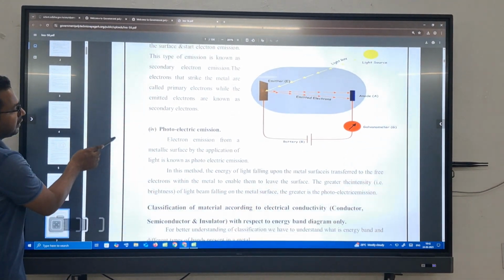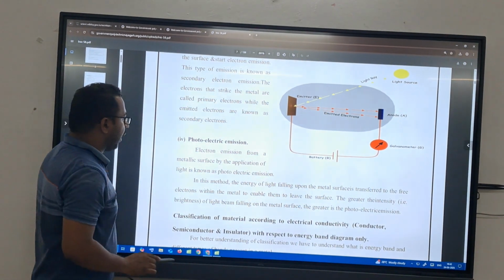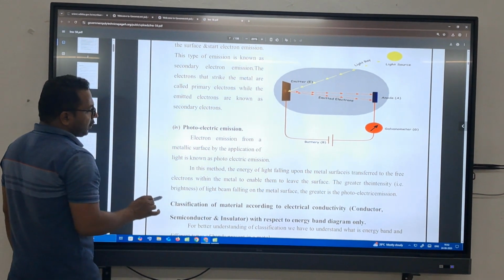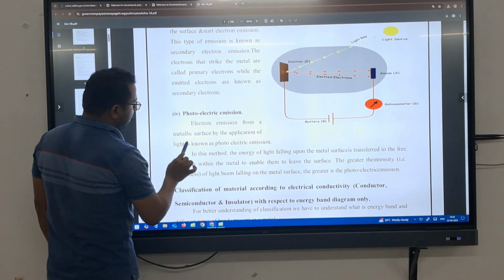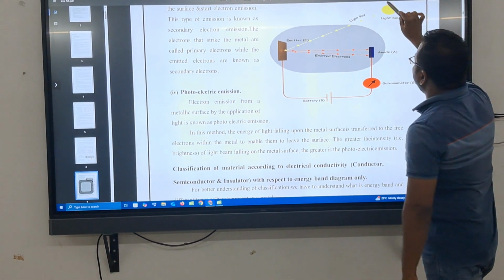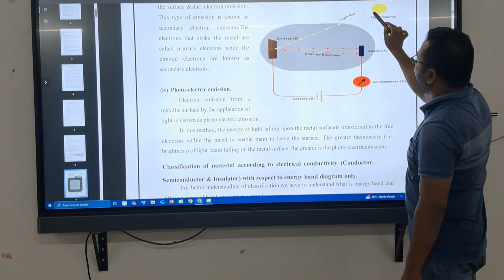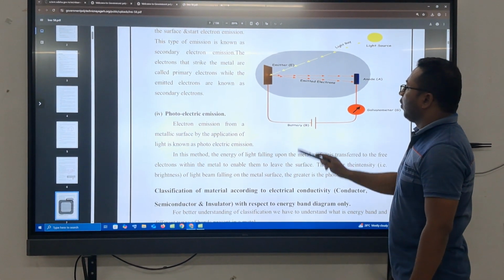And next is photoelectric emission. In photoelectric emission, electron emission from a metallic surface by the application of light is known as photoelectric emission. This is a light source, and the light rays coming from the source strike the plate.